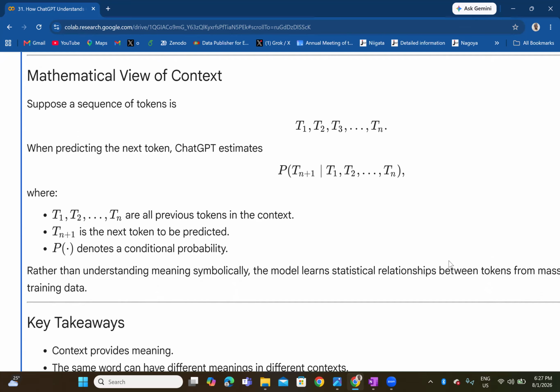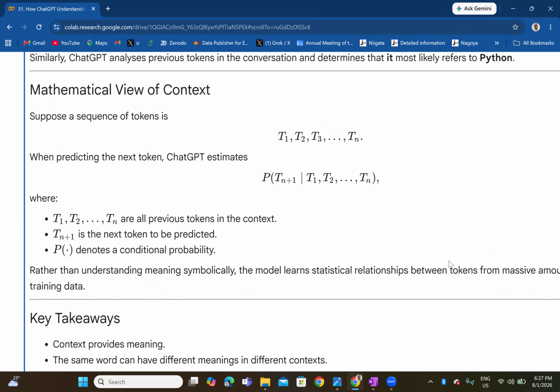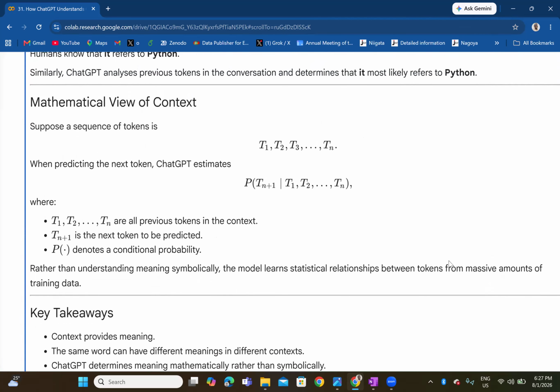So T1, T2 up to Tn are all previous tokens in the context. Tn+1 is the next token to be predicted, while P, the probability function, denotes a conditional probability. Now, rather than understanding meaning symbolically, the model learns statistical relationships between tokens from massive amounts of training data.